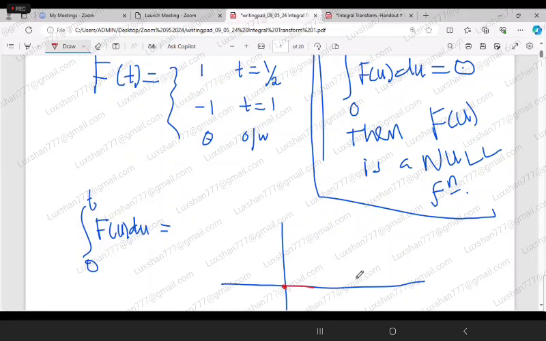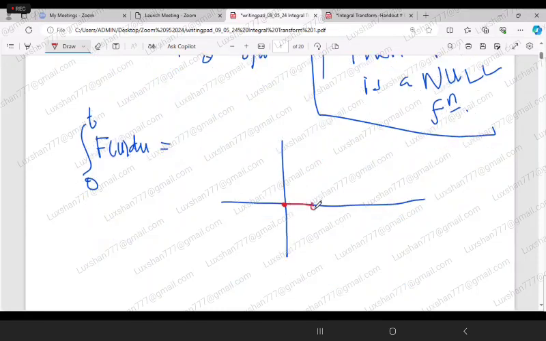Up to this point the function is 0, but when t equals half, the function is 1. This is half. Then again the function is 0. When t equals 1, the function is minus 1. So this is minus 1. This is plus 1.